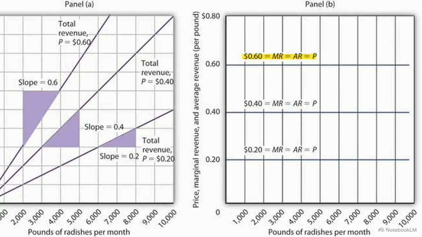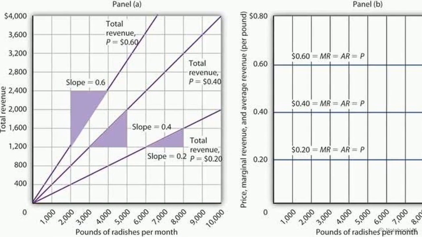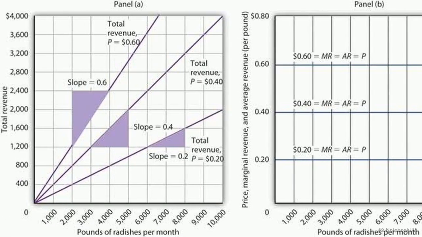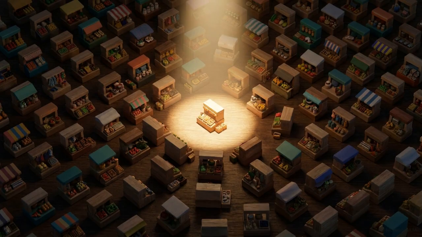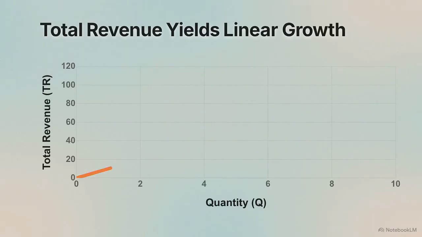Because price never changes, the line stays perfectly flat. Shifting left, this constant price shapes total revenue. These lines slope straight upward. Each unit sold adds a fixed amount. When a firm is a price taker, meaning its price doesn't budge regardless of volume, the growth of its total revenue charts out as a predictable straight line.